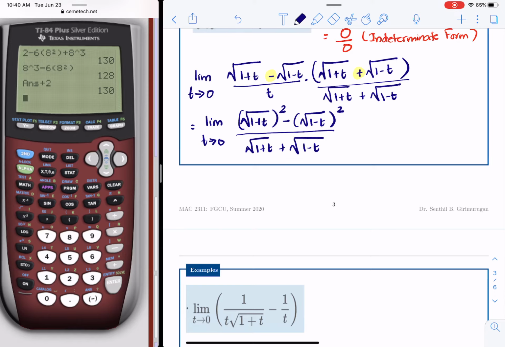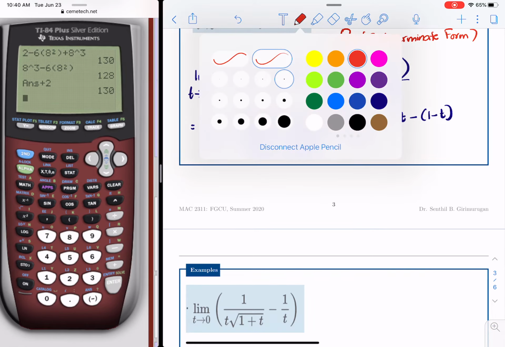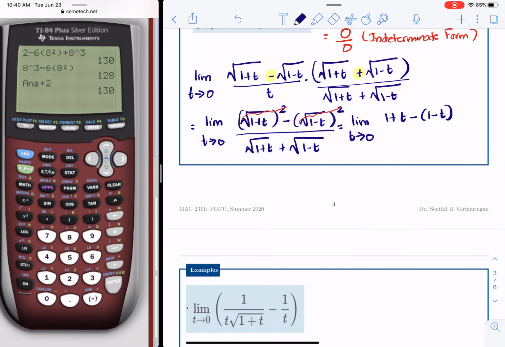So we will have 1 plus t minus (1 minus t). The square and the root will get cancelled. That goes away, that goes away. And it's divided by square root of 1 plus t plus square root of 1 minus t.